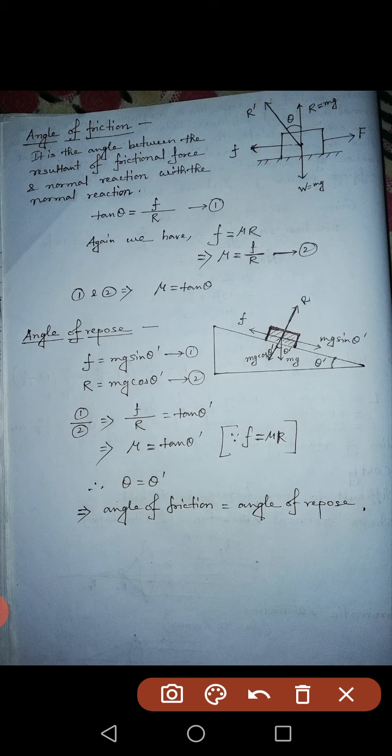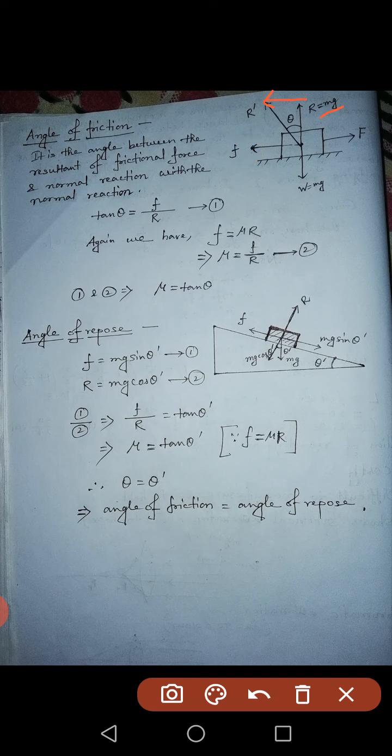So here if I just shift this vector f to this position, then it forms a triangle, right? If theta is this angle, then the base of the triangle is R, the perpendicular of the triangle is F, and the hypotenuse of the triangle is R dash.